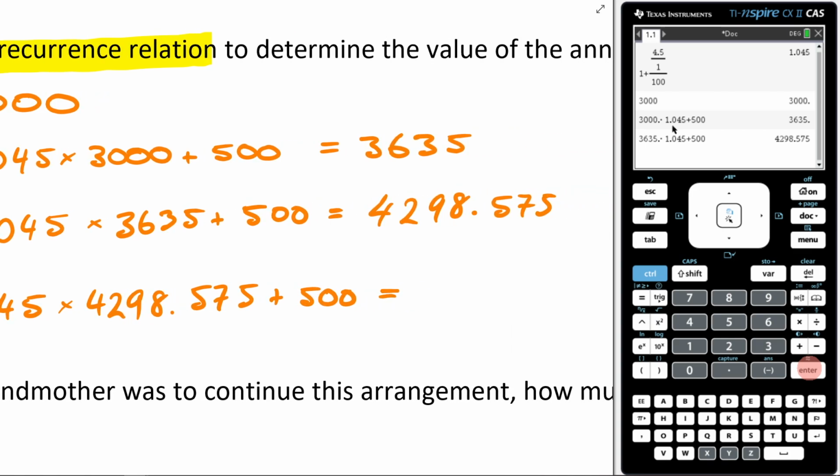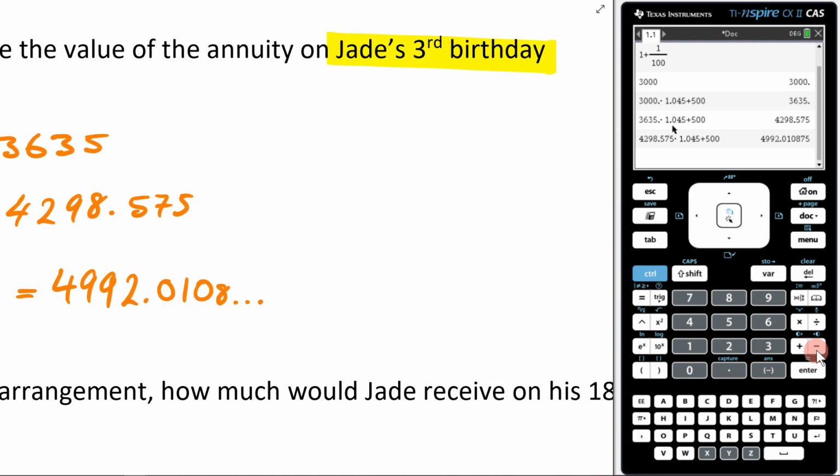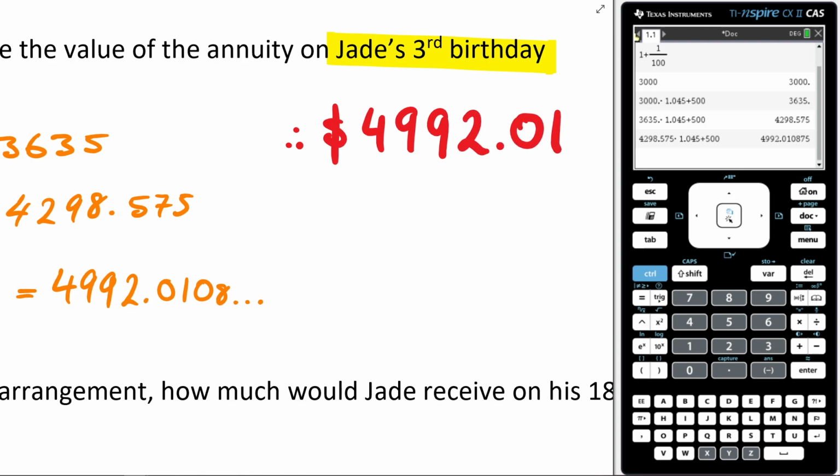And that's going to leave me with, hit enter again, 4992.0108 dot dot dot. And then I can say what my final answer is now, because that is Jade's 3rd birthday. Therefore, what we're going to be left with is 4992.01. That will be my answer.